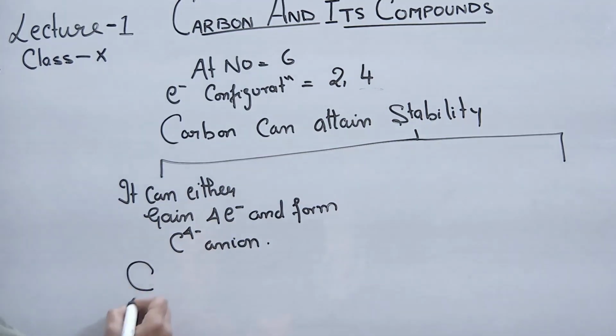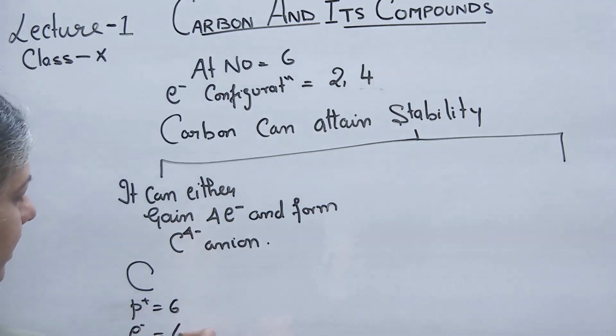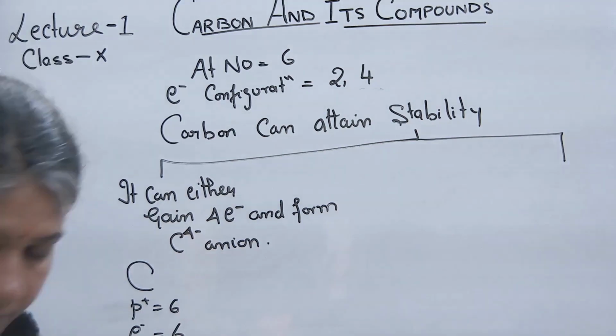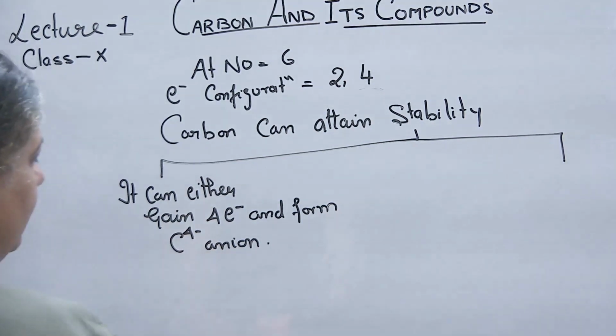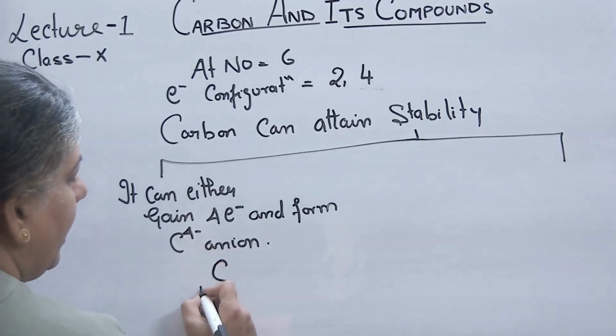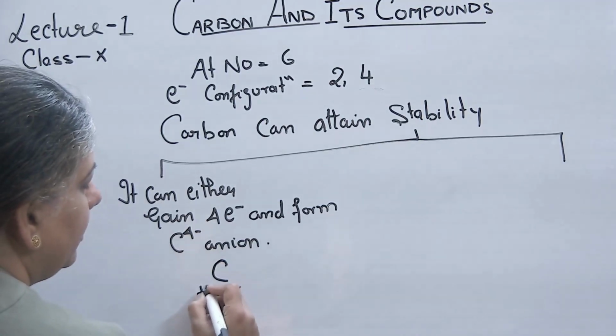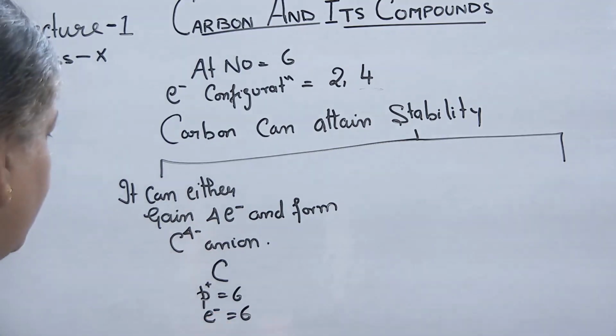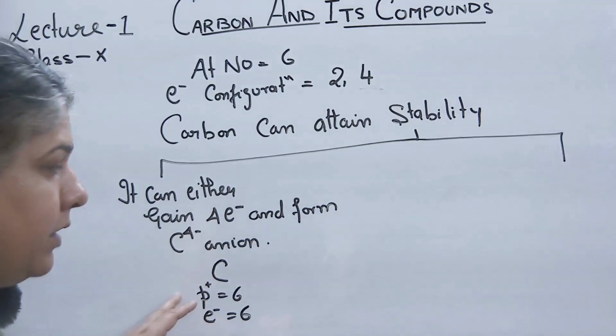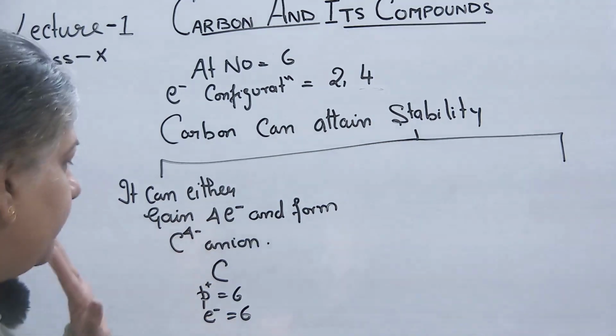This is carbon having 6 protons and 6 electrons. So it is balanced. Hence, the carbon atom is stable.